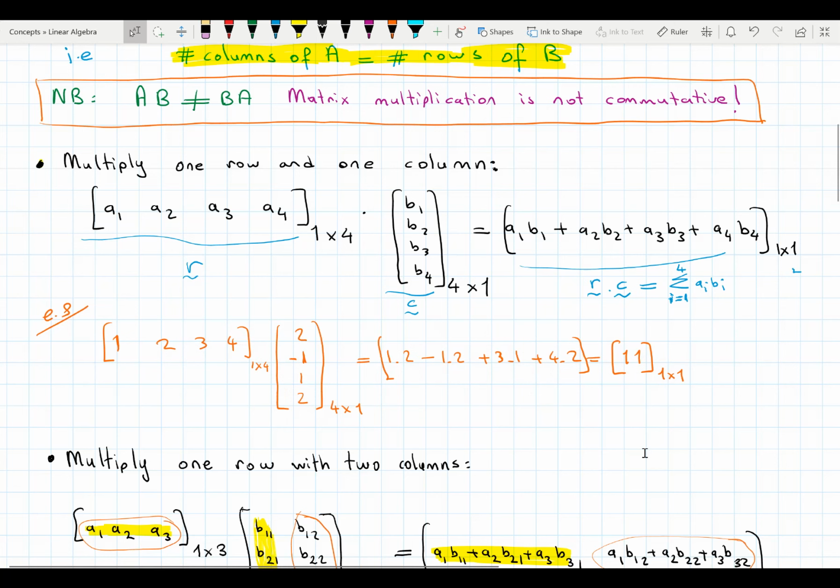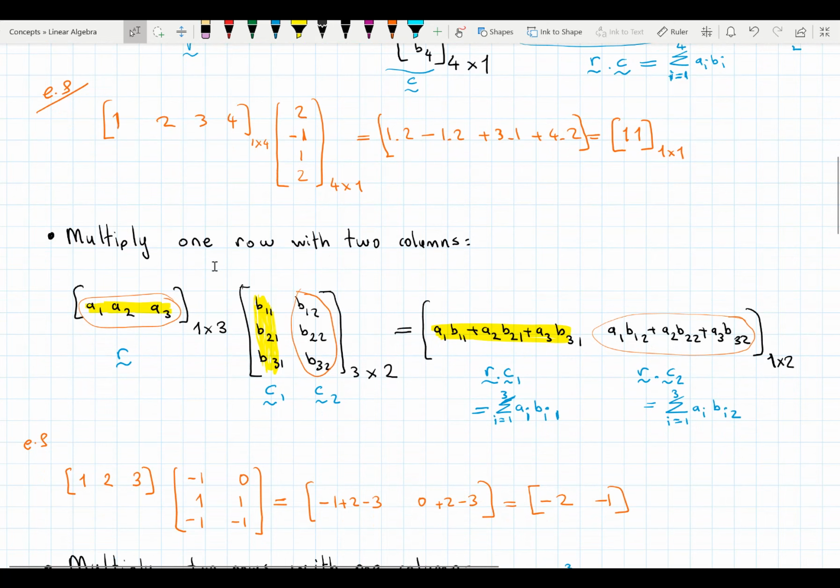Let's move on to multiplying one row with 2 columns. In order to save time and space, this time I'm choosing a 3-dimensional one: A1, A2, A3. And we have 2 columns and 3 rows for the B matrix.